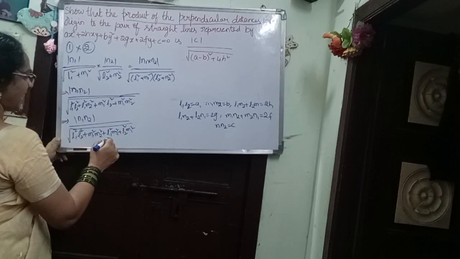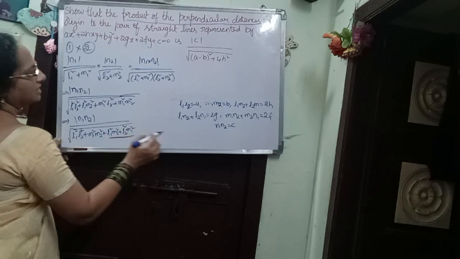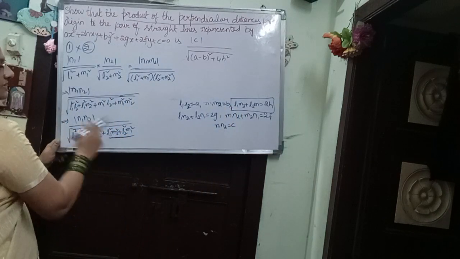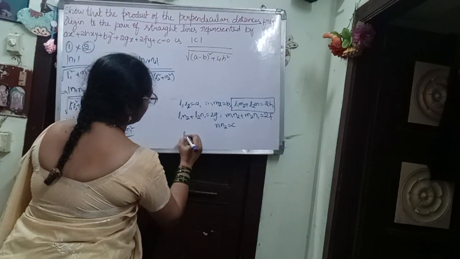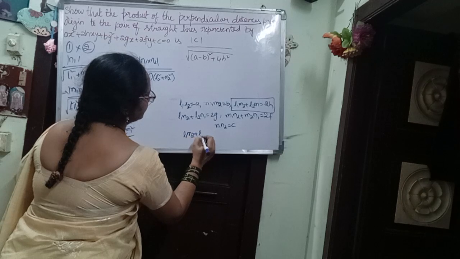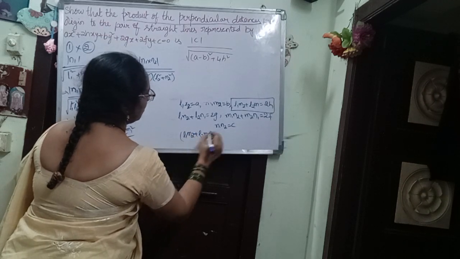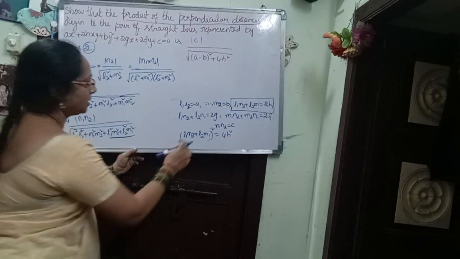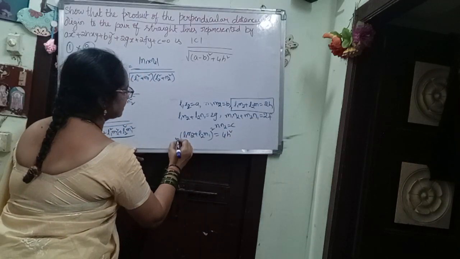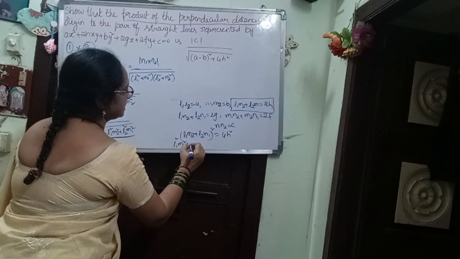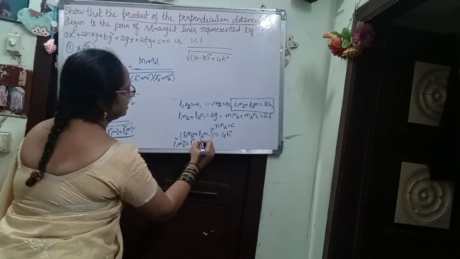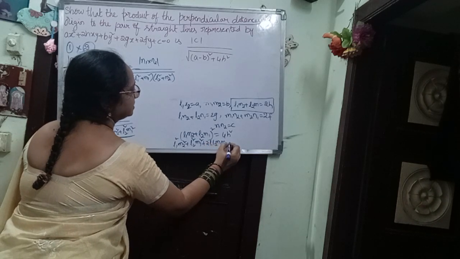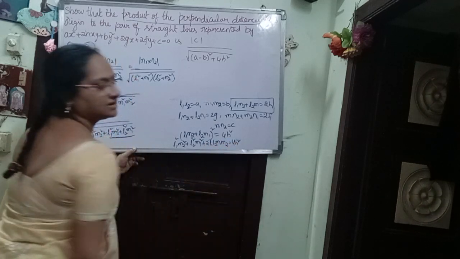If you observe this part, only this one, this is 2H. But here squares are there. So what to do? L1 M2 plus L2 M1 whole square equals, what you will get? 4H square. Now expand this. What you will get? L1 square M2 square plus L2 square M1 square plus 2 L1 L2 M1 M2 equal to 4h square, right?